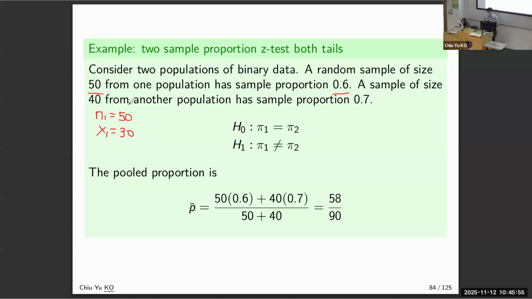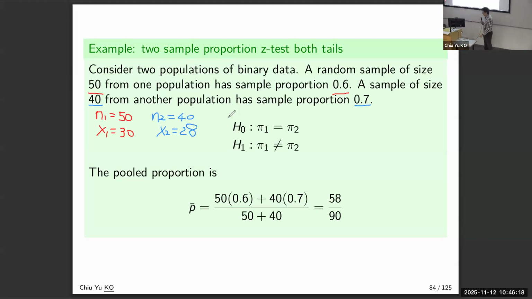And you have a second case, with N2 equal to 40 and X2 equal to 28. X2 is how many people said yes. So that would be the idea.